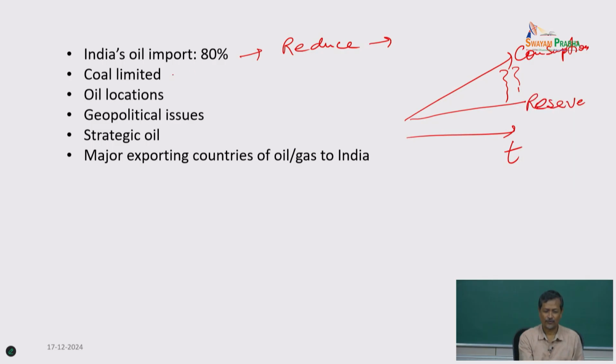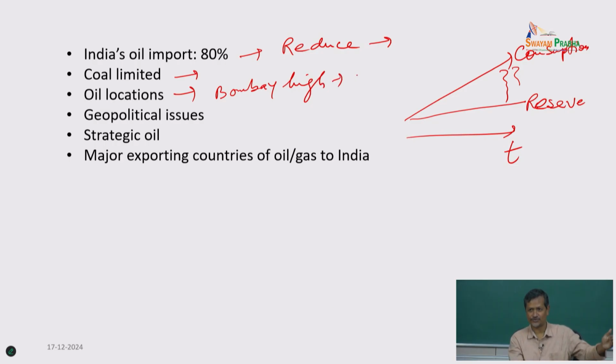Okay, and coal is limited in India, so you are importing. And oil locations, if you see, we have the Bombay High offshore oil location. And other land based oil is there, the Krishna Godavari region is there, Assam is there, and Bombay High, that offshore location is 200 km from the Bombay coast.